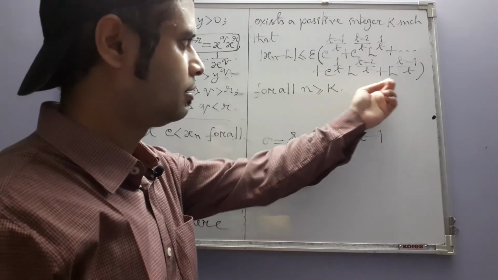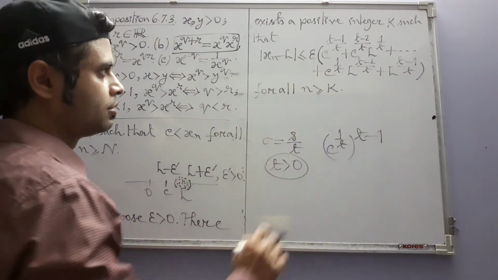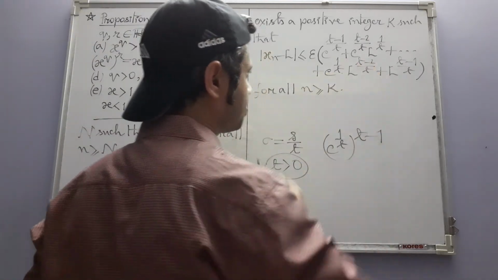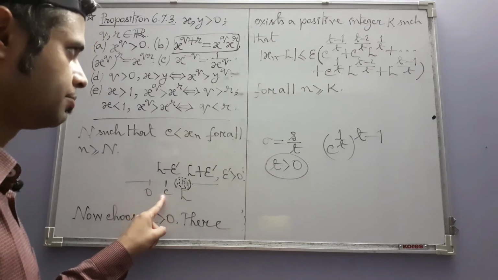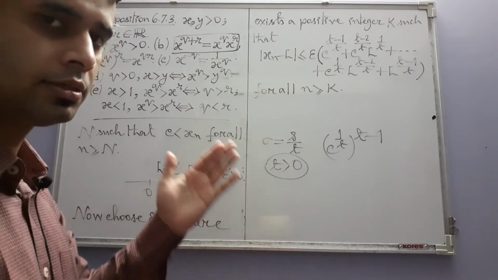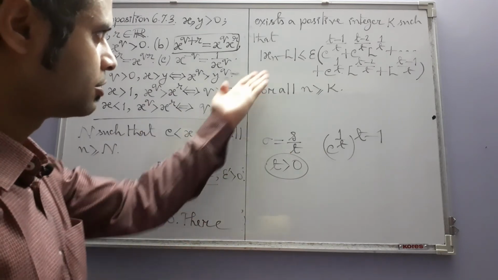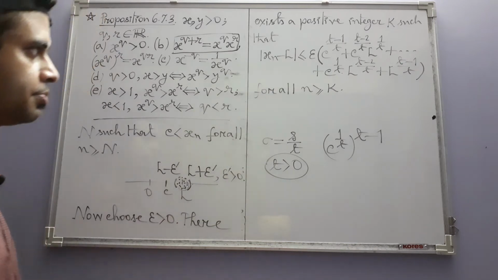And eventually L is all we have. So all these powers are positive, c is positive, and L is positive, that is coming from the hypothesis. The limit is assumed to be positive. So this right hand side is positive, so there is no problem with this.